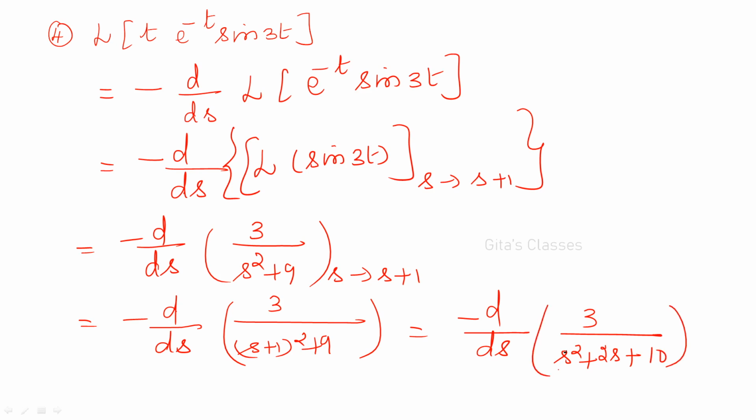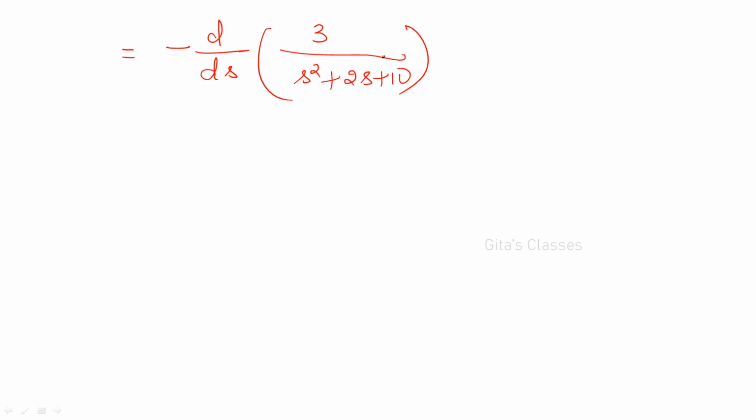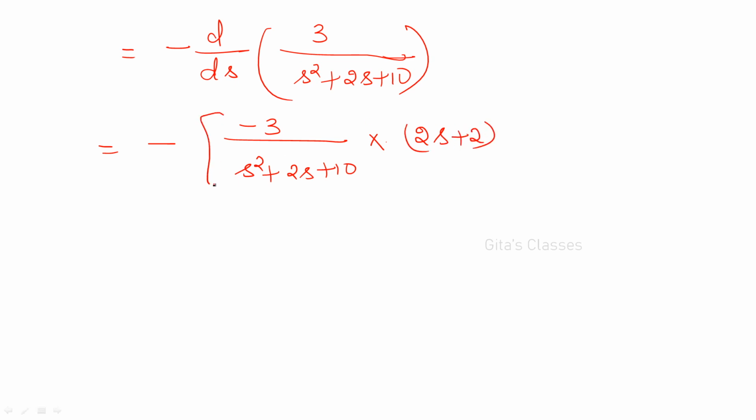Right? That is minus d by ds of 3 by s squared plus 2s plus 10. That is, when you differentiate, minus of minus 3 divided by s squared plus 2s plus 10, you are differentiating this, so into 2s plus 2.